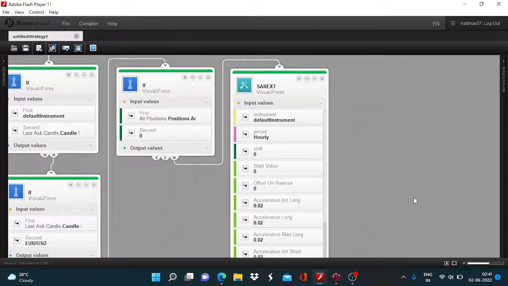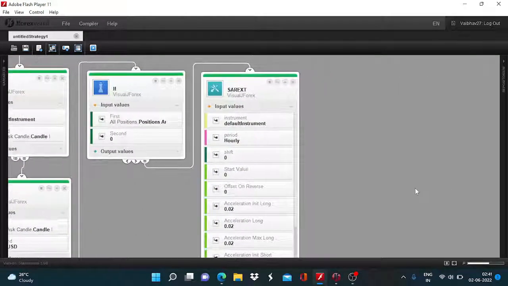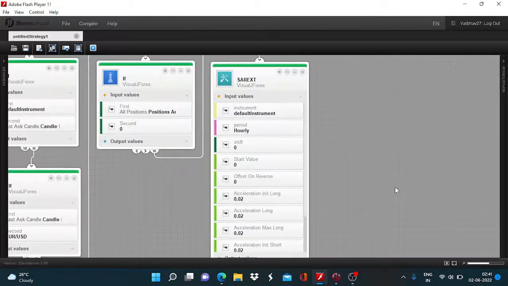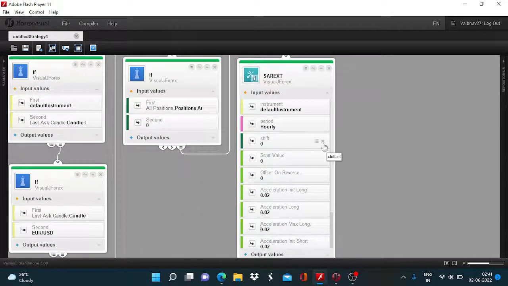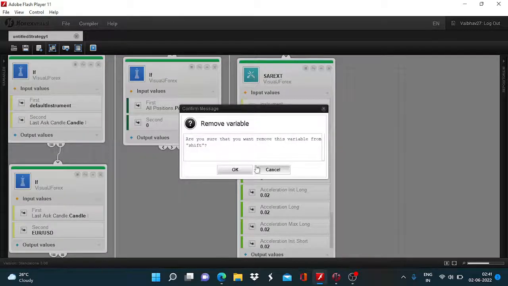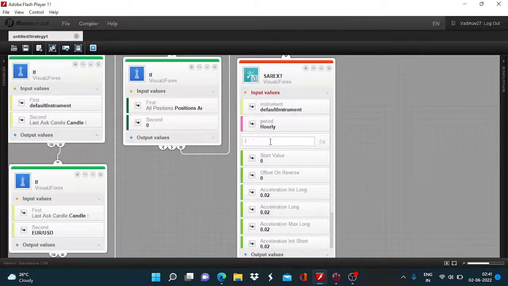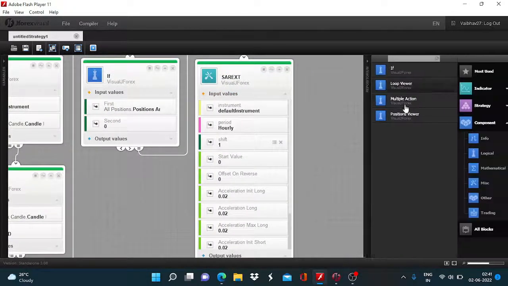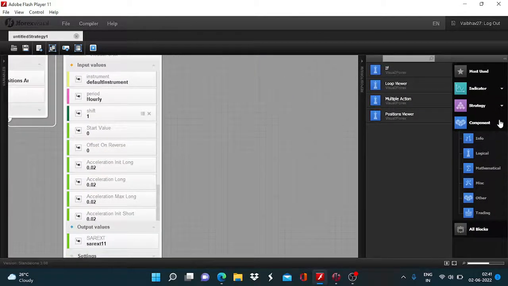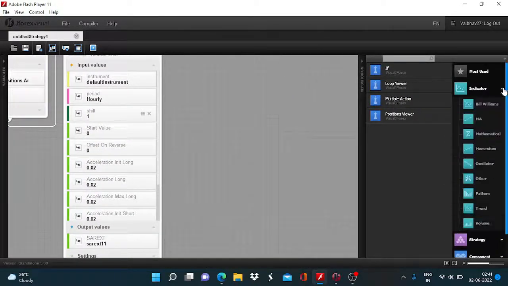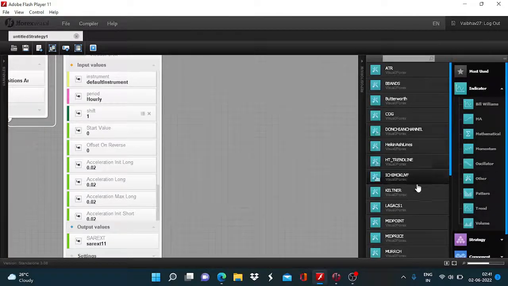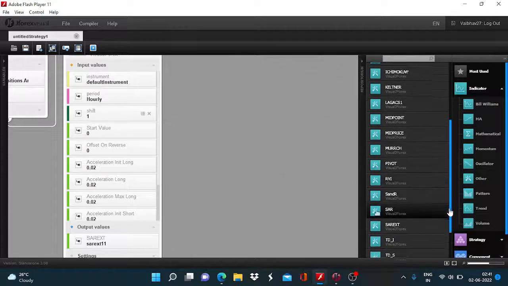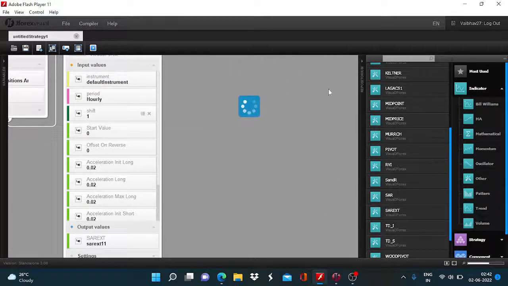Now we need the SAR extended value for the last hourly candle as well as the second last hourly candle. So I will assign a look back period of 1 here, and we take one more of the SAR extended indicator block. Here it is.